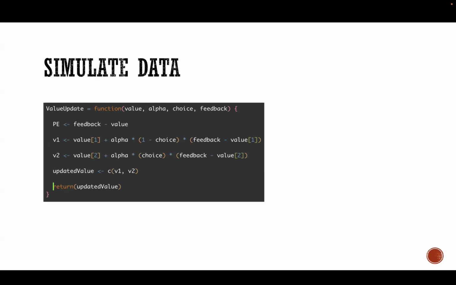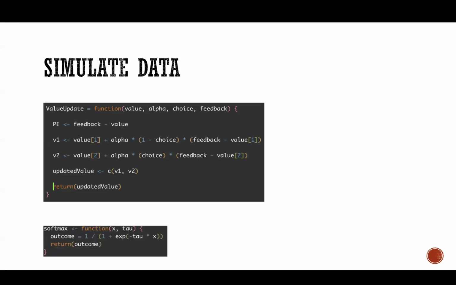Okay, so then we create a vector with the 2 updated values and we return it out. And then we have the softmax equation, right? That takes an x, that is the expected values, the tau, that is our inverse temperature, and then it basically has the sigmoid function: 1 divided by 1 plus the exponential of minus tau times the expected values.